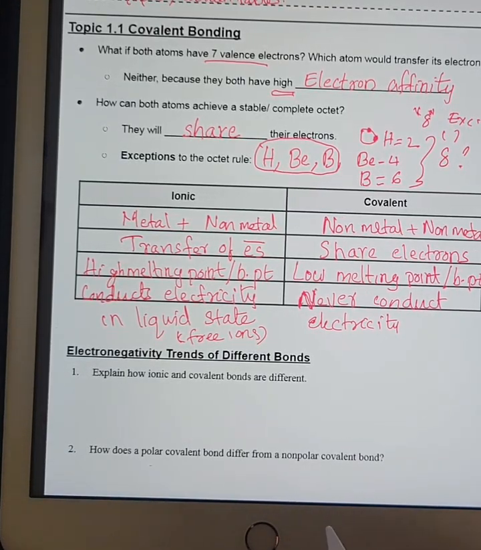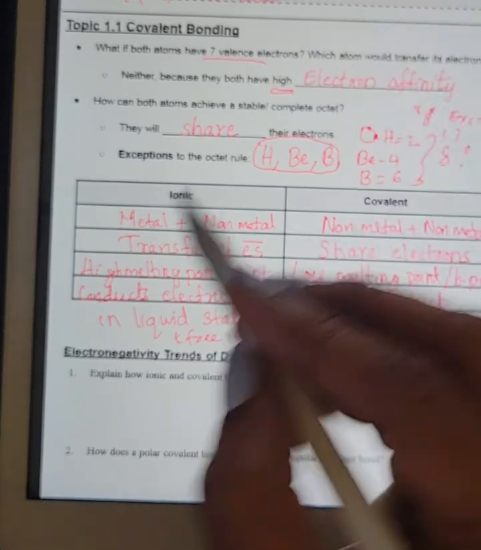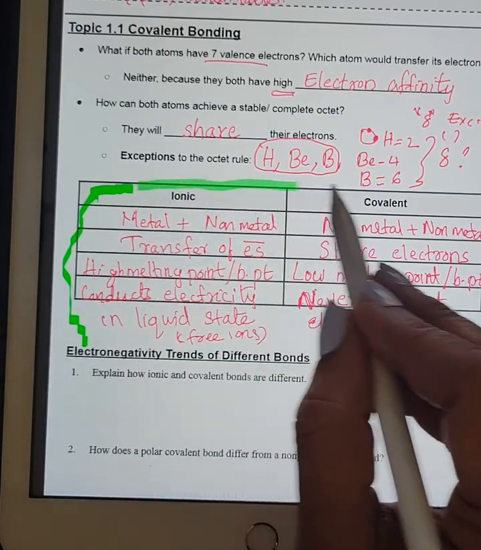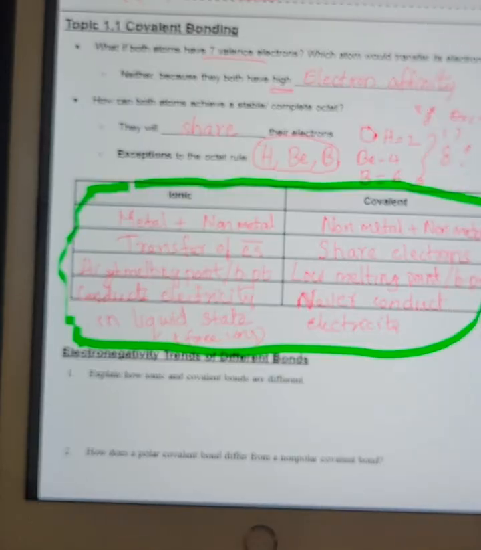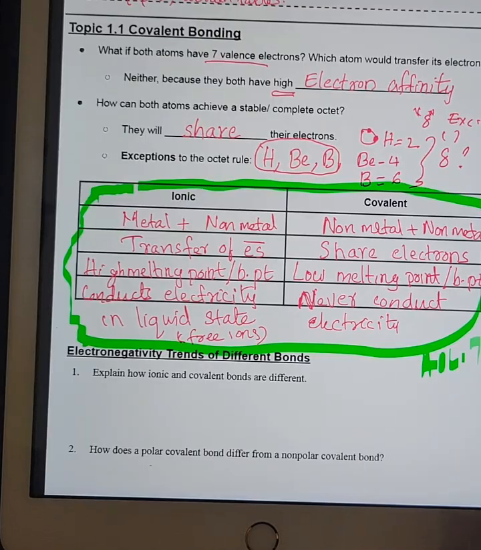So those are the property differences. We could write more differences, but we have run out of space, so let's stop here. These properties will be on a lab and on your second AOL, AOL number 7.